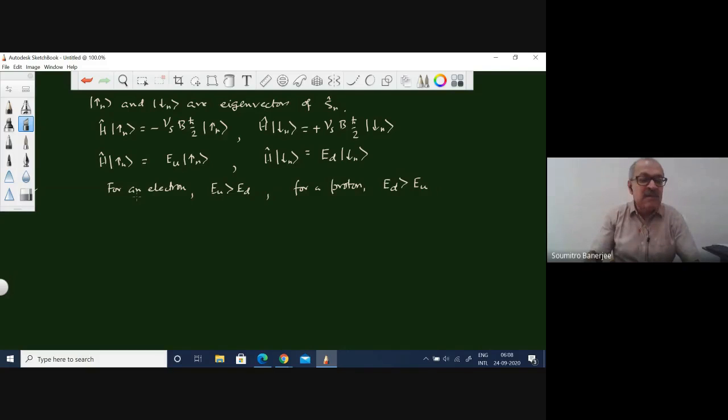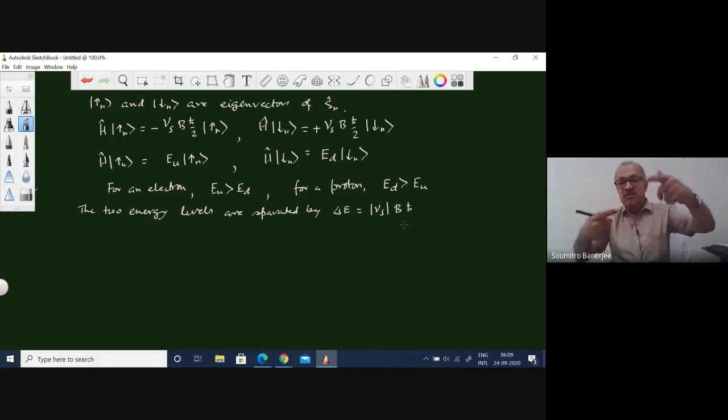The two energy levels are separated by an energy delta E, which is the mod of gamma S B h cross.